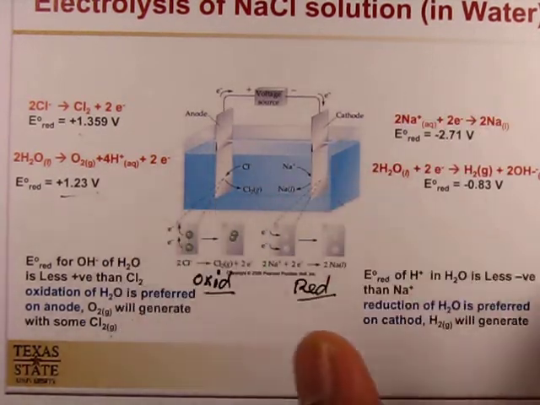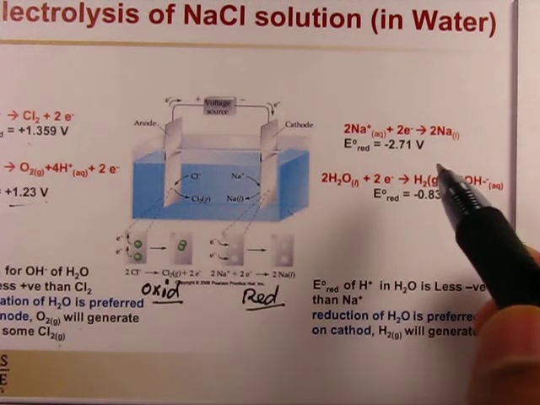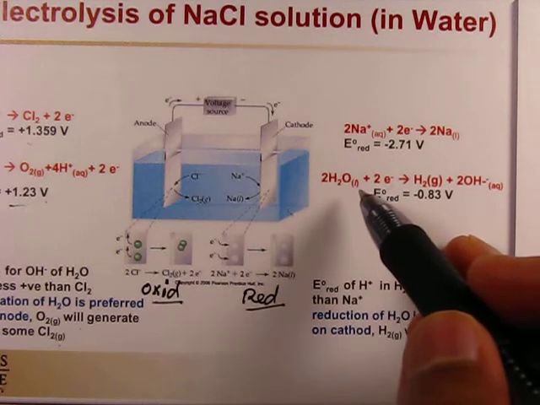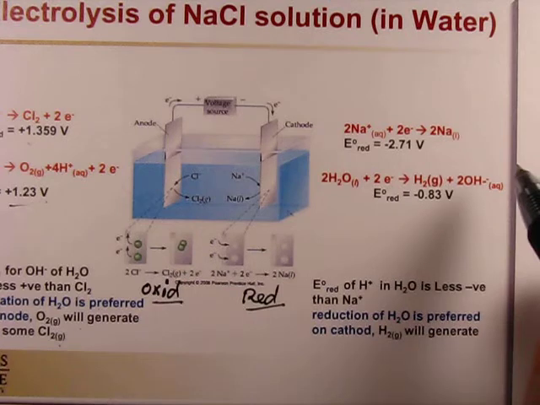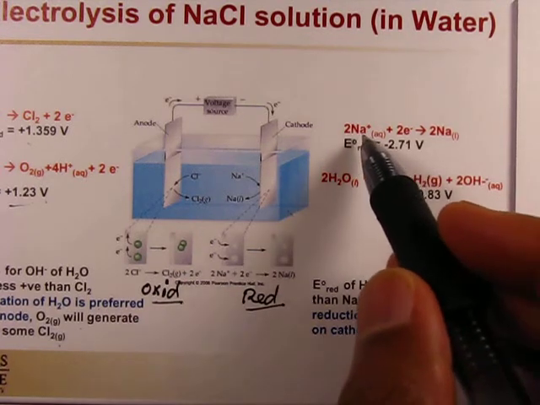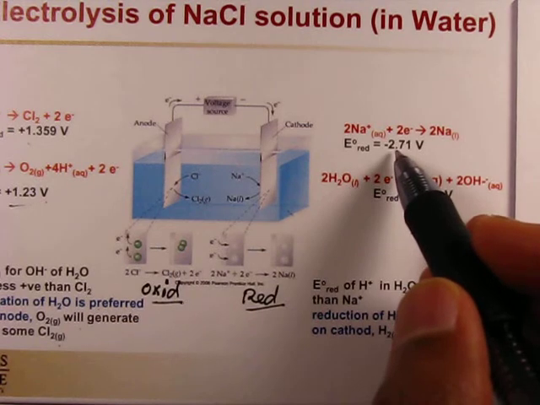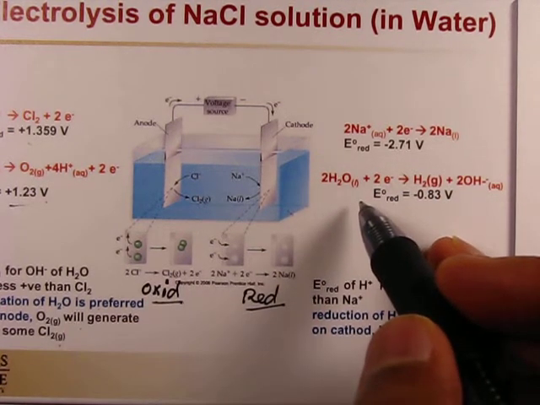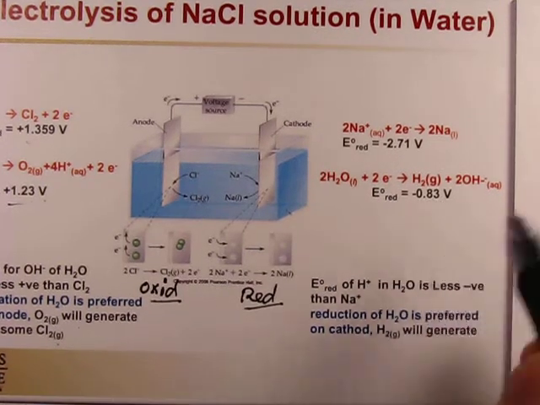And on the other hand, if we compare the reduction potential of sodium ion and the reduction potential of water into hydrogen gas, you can see the reduction potential of sodium ion is minus 2.71 volts and that of water is minus 0.83 volts.